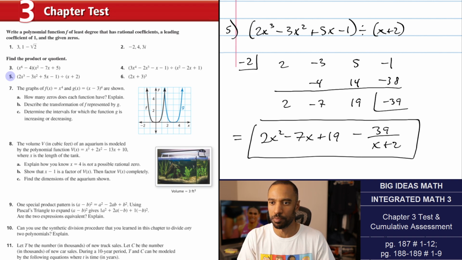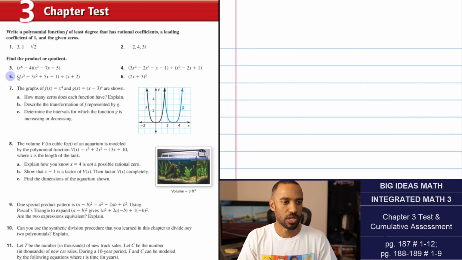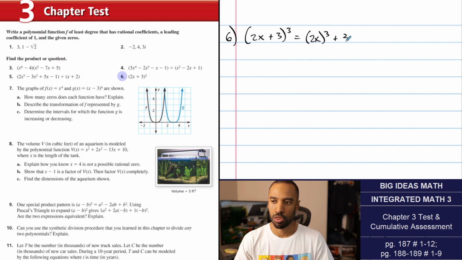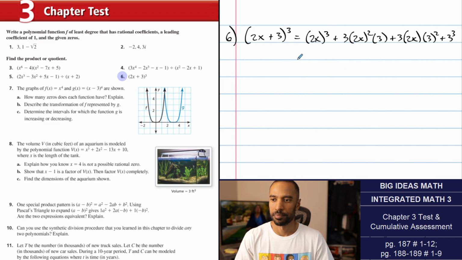We'll move forward to number 6. Number 6 is multiplication. We have 2x plus 3 quantity cubed. We are in the camp, personally, of binomial expansion. So a plus b quantity cubed becomes a cubed plus 3a squared b plus 3a b squared plus b cubed.